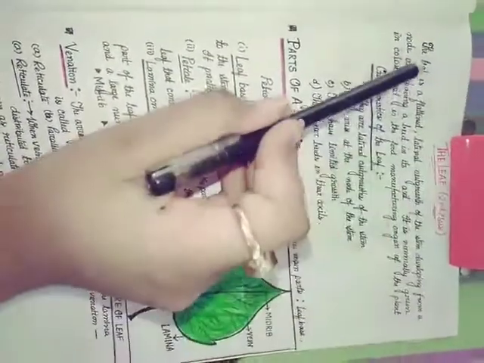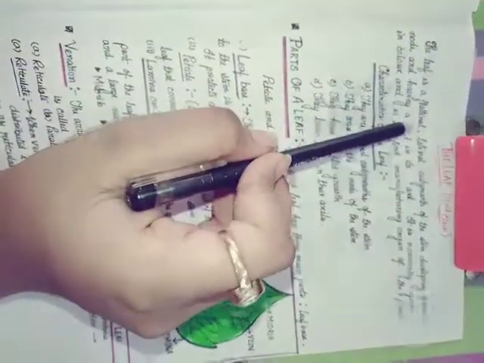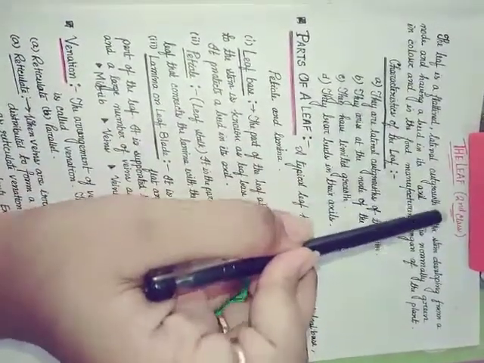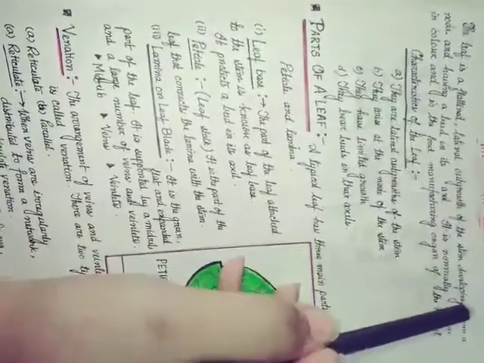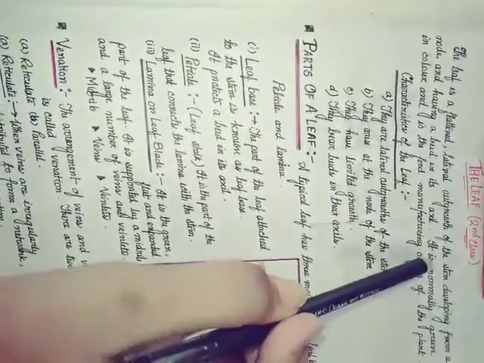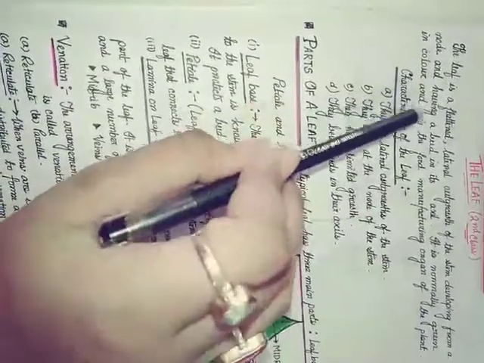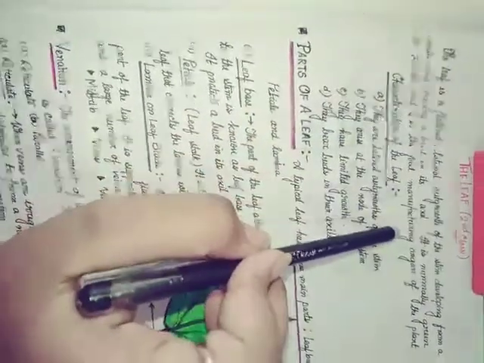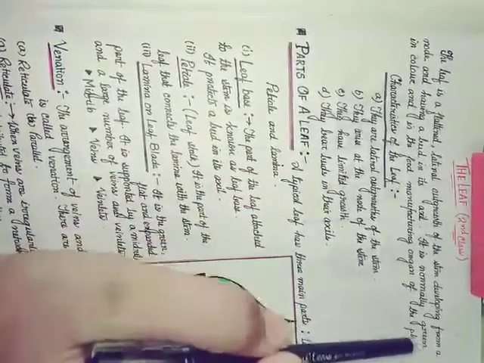First, the leaf is a flattened lateral outgrowth of the stem developing from a node and having a bud in its axil. It is normally green in color and is a food manufacturing organ of the plant.